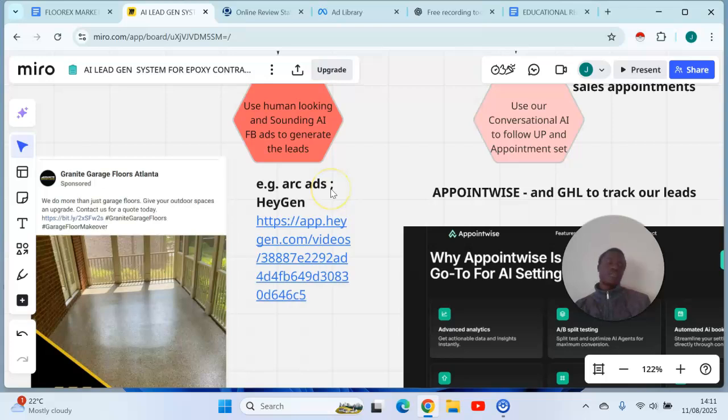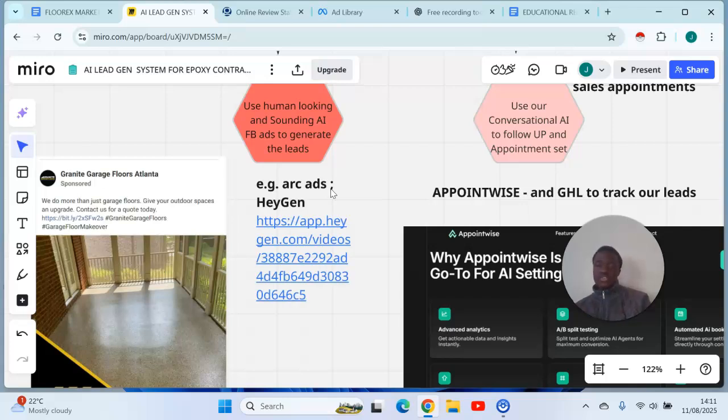Now look, for epoxy flooring contractors, you need to focus on your visuals. What do I mean? I mentioned this in the previous video. You need to picture epoxy flooring as a visual product. It is not just you offering a service.